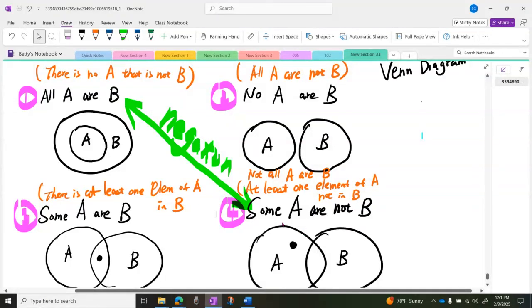At least the one apple tree in my backyard is not a maple tree. So all A are B and some A are not B, those two quantified statements are negations of each other.